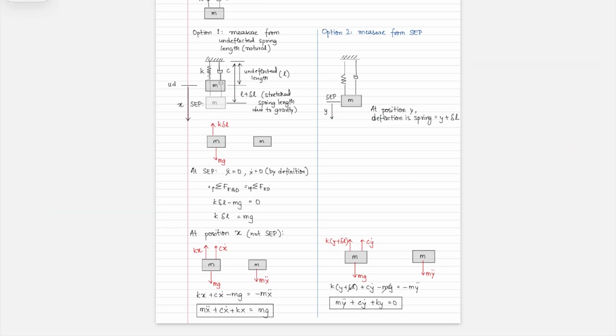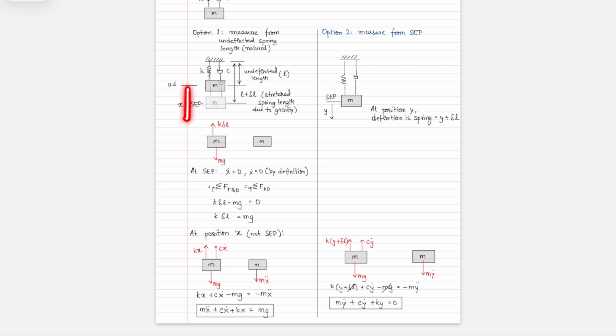So what do we observe? In systems where the springs are vertically deflected, measuring from the SEP results in an equation of motion that does not feature the gravitational term. The reason is that at the SEP, the deflection in the spring has already absorbed the force due to gravity, right? From the undeflected position, there's a restoring force that cancels out the gravitational force, so k delta L cancels it out.